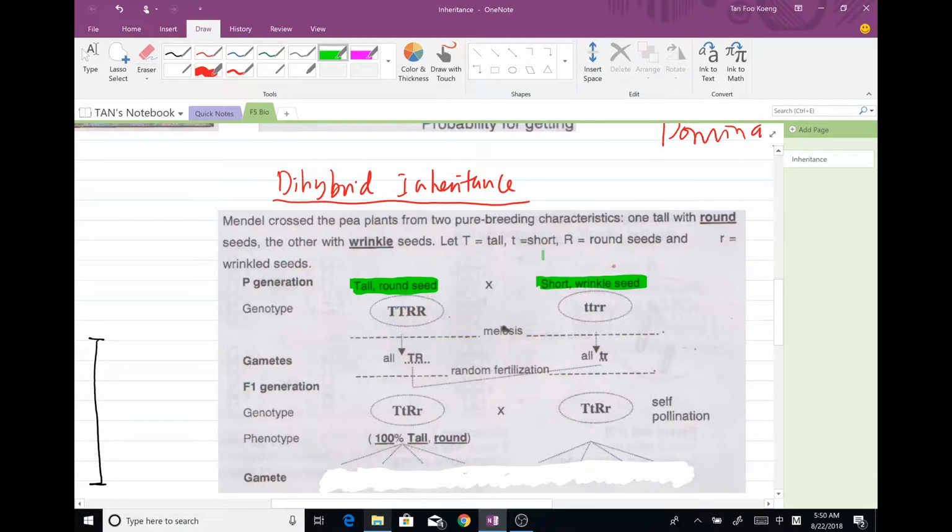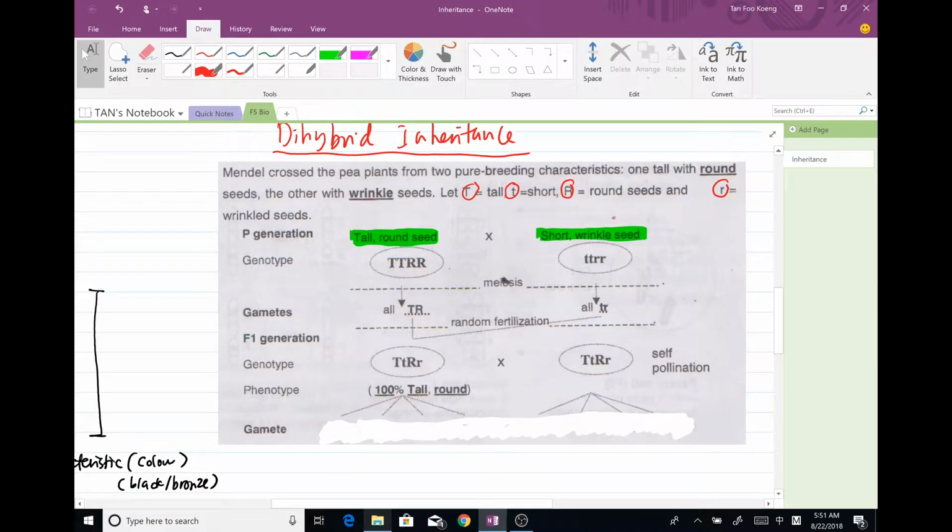So let the allele that controls the tall trait be capital T, and the allele for short trait be small t. Allele for round seeds, capital R, and allele for ringed seed, which is the recessive trait, small r.